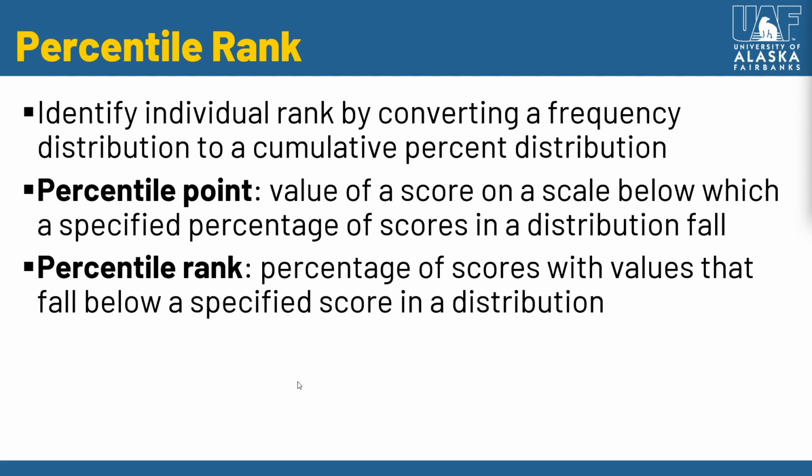So in this case, basically the difference between these two is what you know and what you're trying to find out. So here, for example, we know that we're looking for people who drove 15 miles or less. So our specified score is 15. And we're trying to find the percentage that fall below that, right? So 15 or less. So in this case, we're looking for the percentile rank of 15, essentially. If we knew the opposite, right, so we had a percentage and we wanted to see, okay, what was the score on that scale below which that percentage falls?